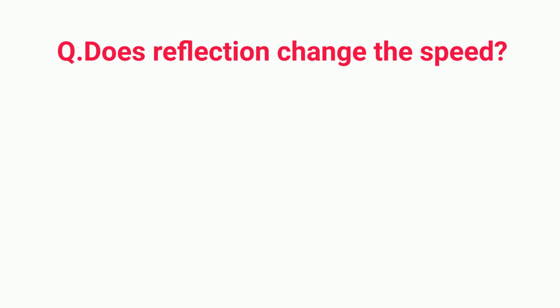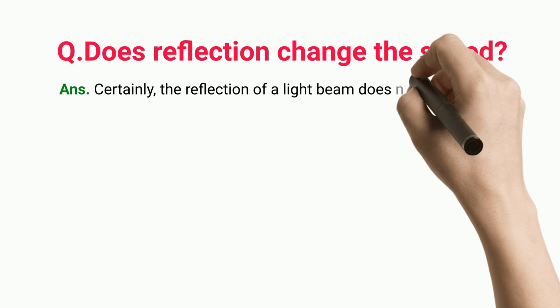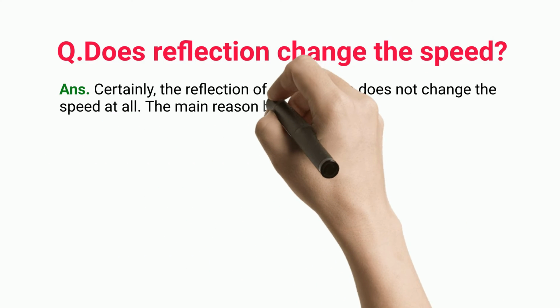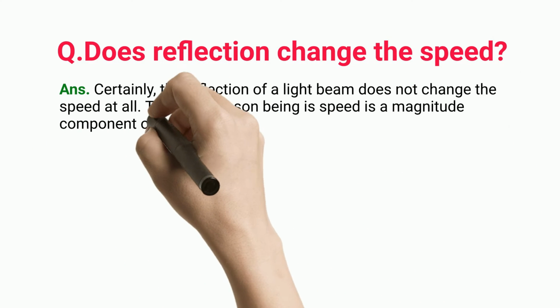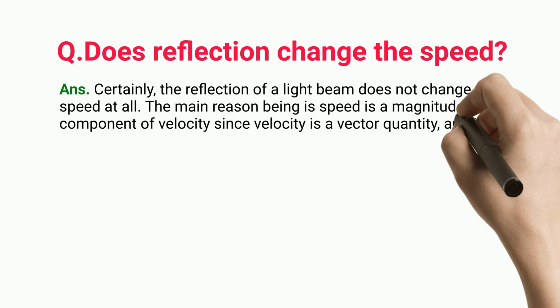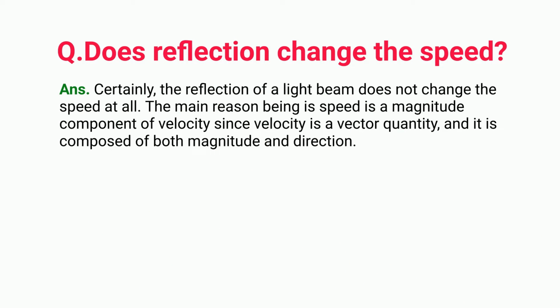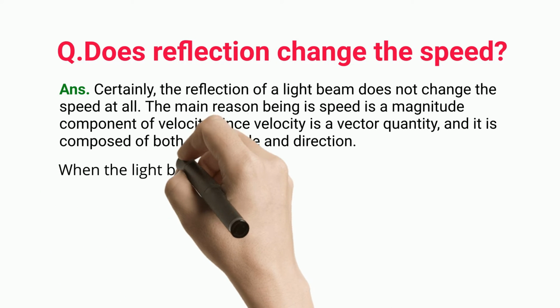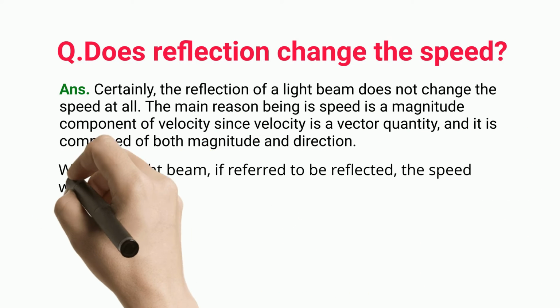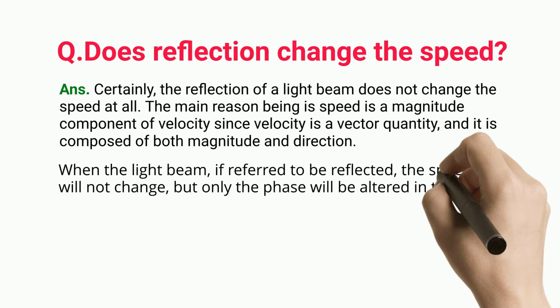Does reflection change the speed? Certainly, the reflection of a light beam does not change the speed at all. The main reason is that speed is the magnitude component of velocity, since velocity is a vector quantity composed of both magnitude and direction. When the light beam is reflected, the speed will not change, but only the phase will be altered.